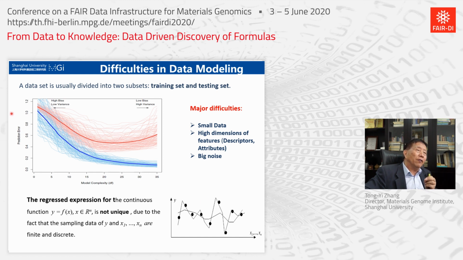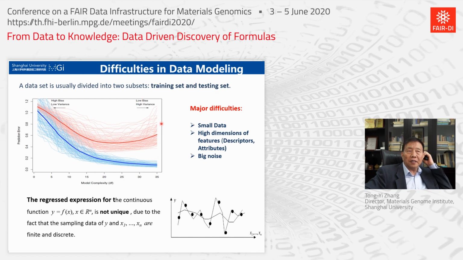However, if you make your model very complicated, then the error on your training data set will get smaller and smaller during training. However, when testing your model, the error will reach a minimum and then increase as your model gets more and more complex. Therefore, if your model is too complex, it will lose prediction power.